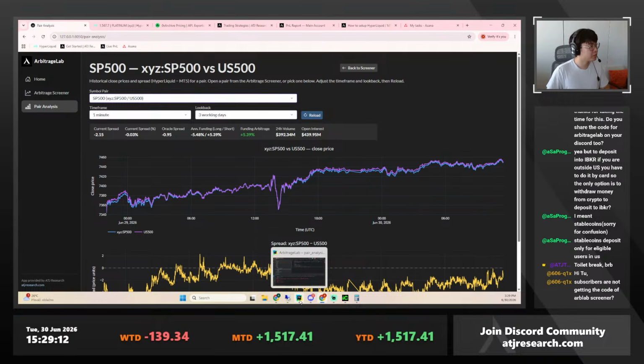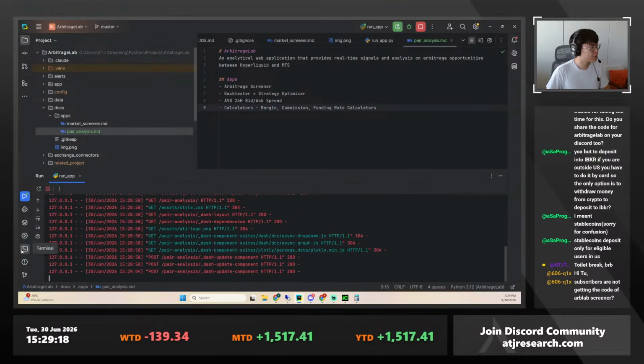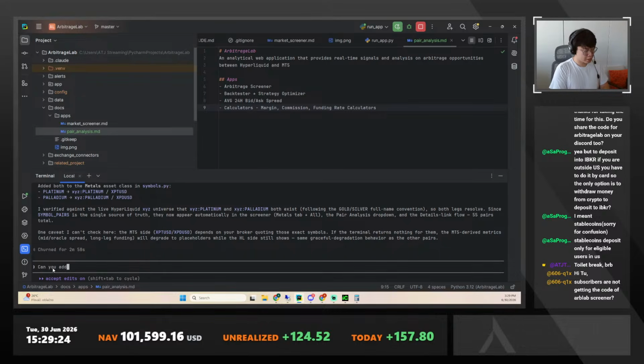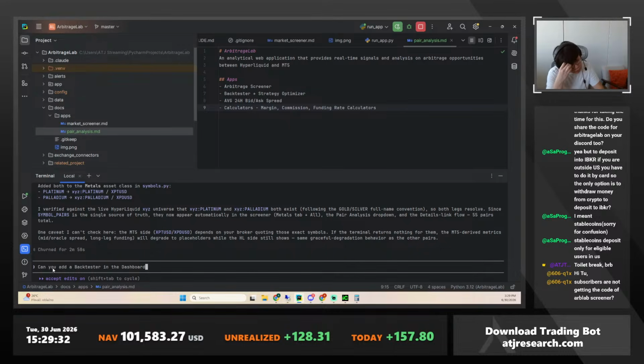And so the other thing I want to add is like a backtester, right? Can you add a backtester in the dashboard? Yeah, it would consume some resources on my server.